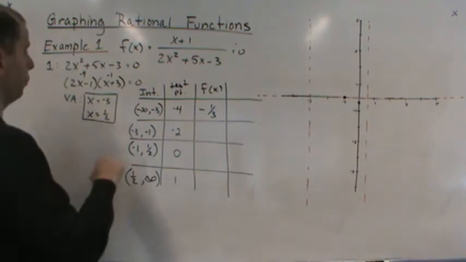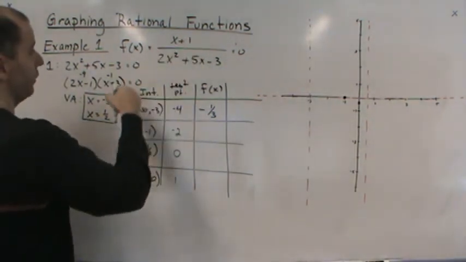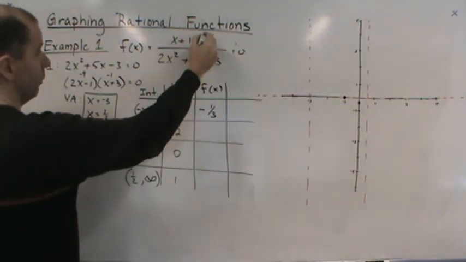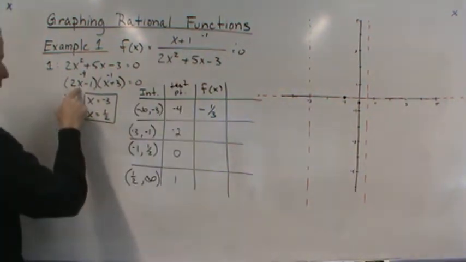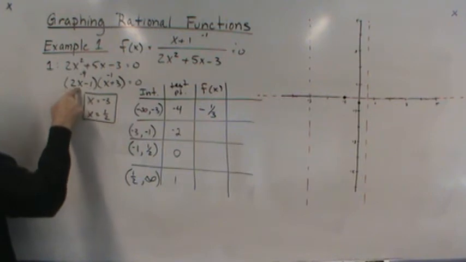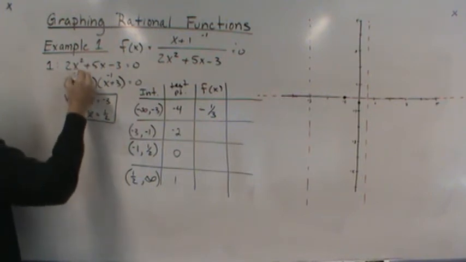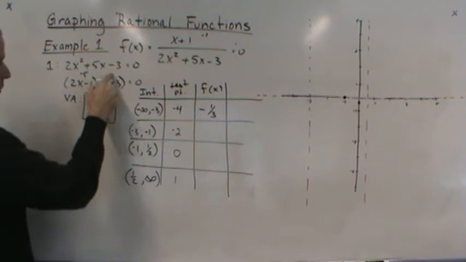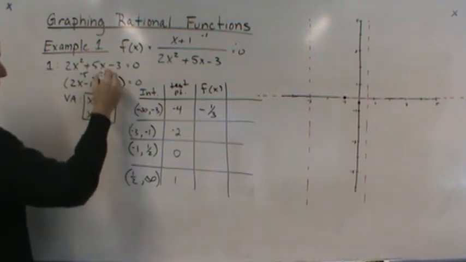Okay. Now, what if we put a negative 2? Well, we're going to get a negative 1 on top. Right? But again, if we put a negative 2 here, we get negative 4 minus 1 is negative 5. So this becomes a negative 5. And this becomes a positive 1.